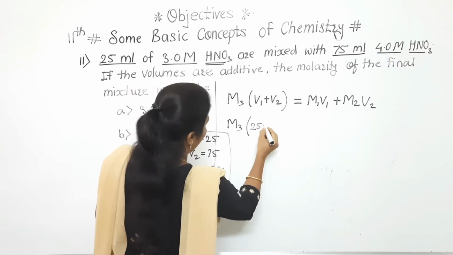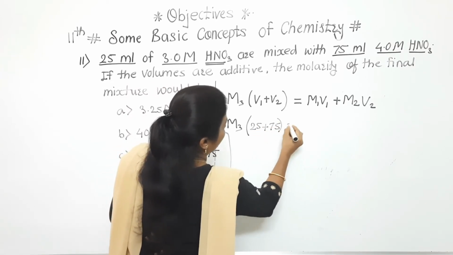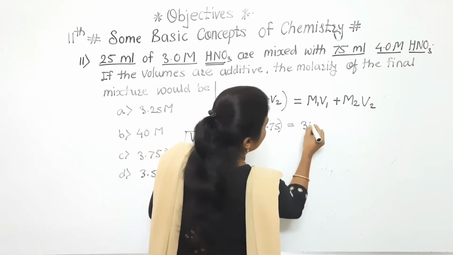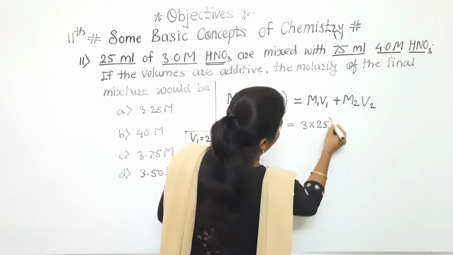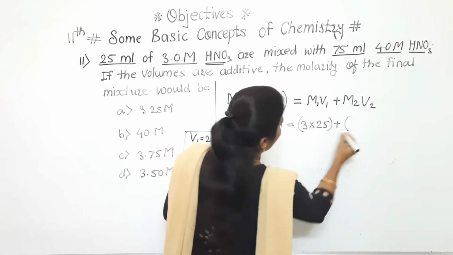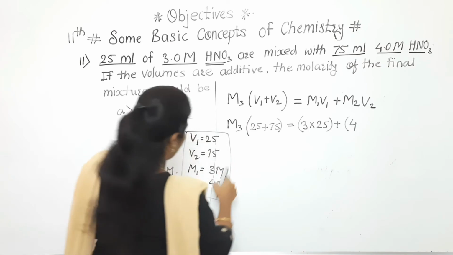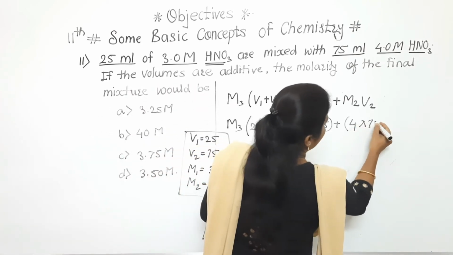So M3 times (25 plus 75) equals 3 into 25 plus 4 into 75.